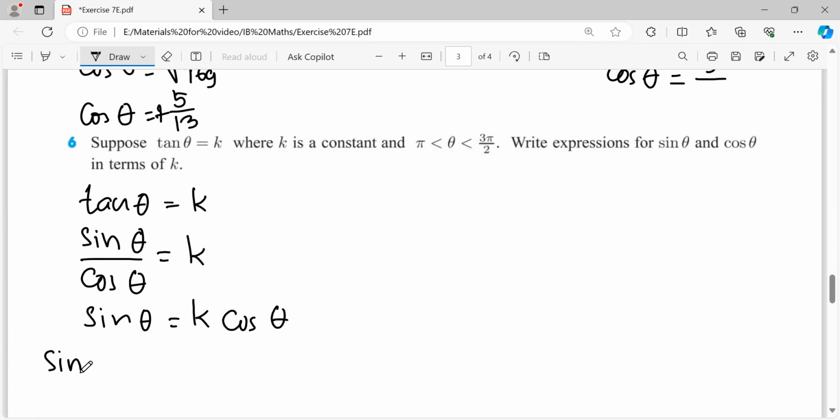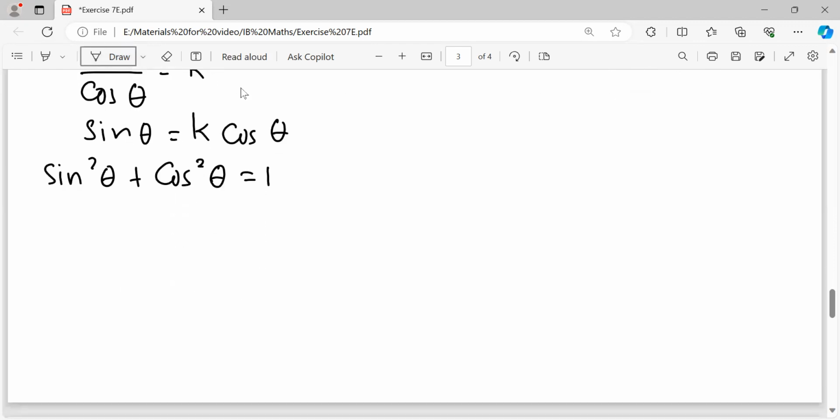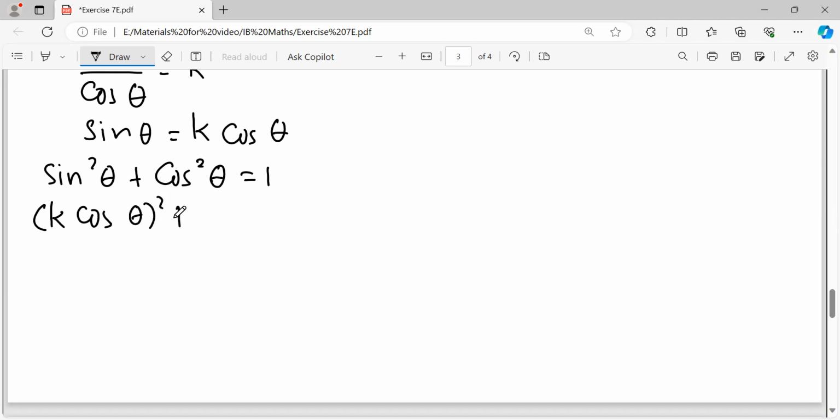Back to this equation, sine squared theta plus cosine squared theta equals 1. Next, substitute this k cosine theta in here: k cosine theta squared plus cosine squared theta equals 1.